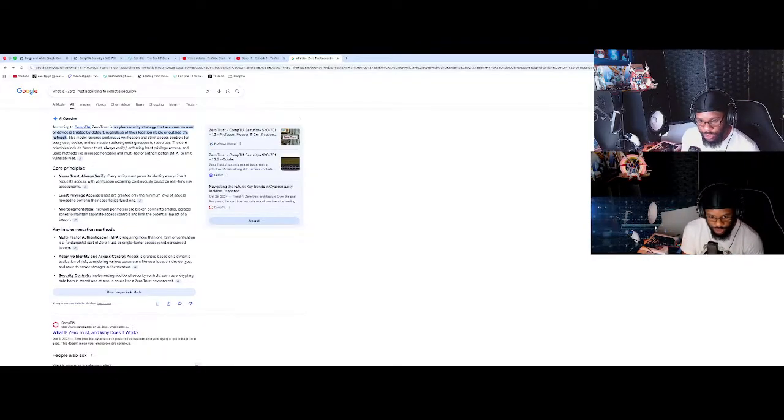Security controls, like implementing additional security controls, such as encrypting data both in transit and at rest, are crucial for a zero trust environment. So let's talk about data in transit. When you send information, it doesn't just magically pop up on the other person's laptop or phone.